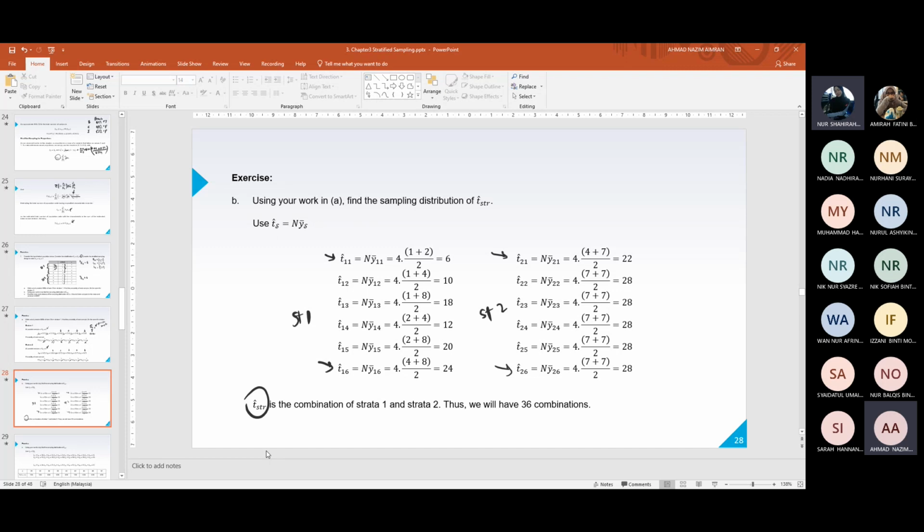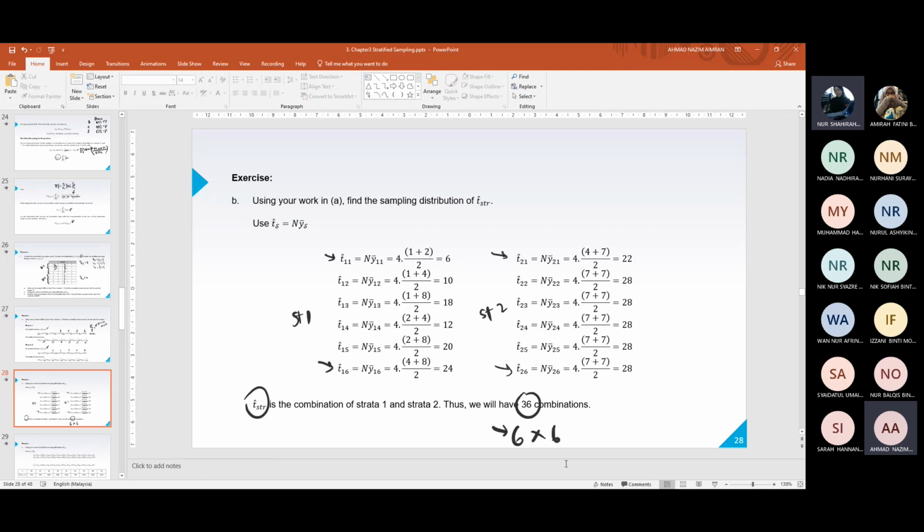How do we come up with the 36 different combinations? Anyone? Anyone who can help me on how you can come up with the 36 different combinations? Six times 6. Correct. It is 6 times 6. What is 6 here?